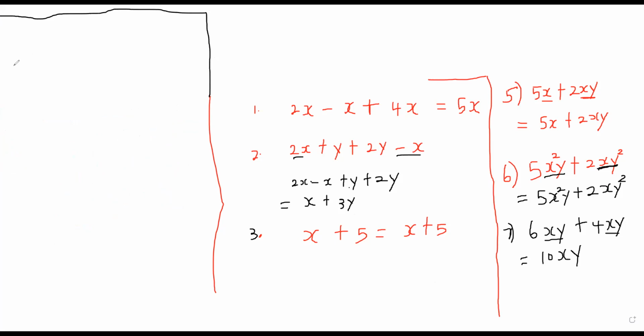So let's say now we have 4x squared y plus 2x plus x plus 5 plus 2x squared y. Good. So simplify this here for me quickly.